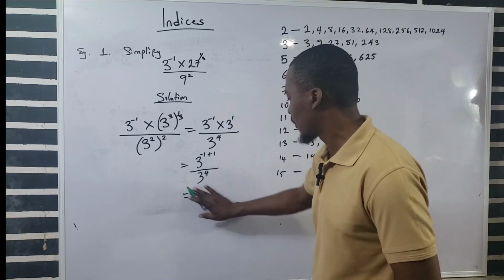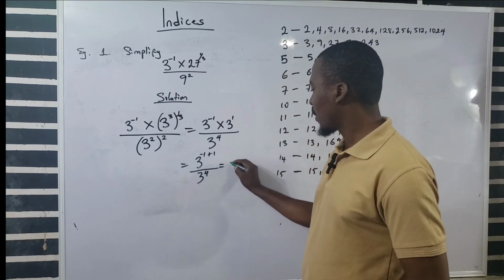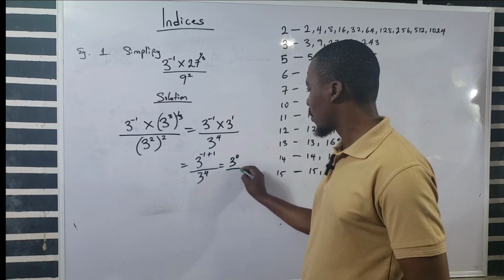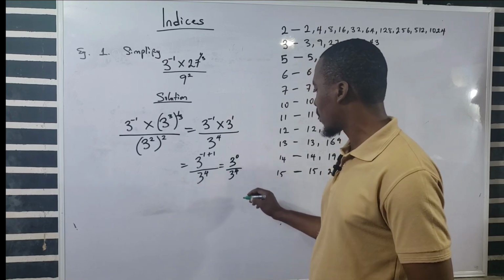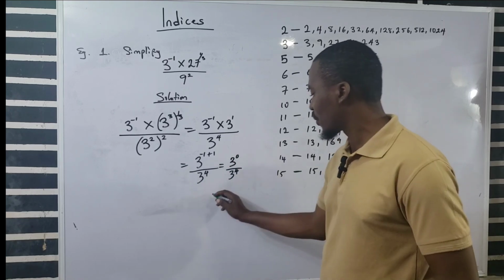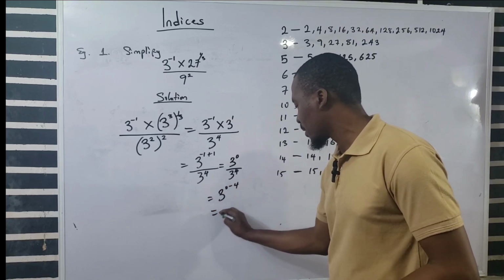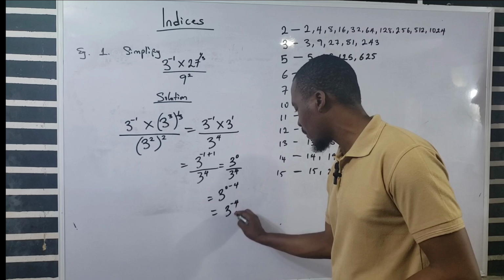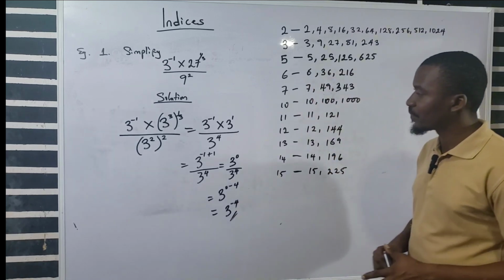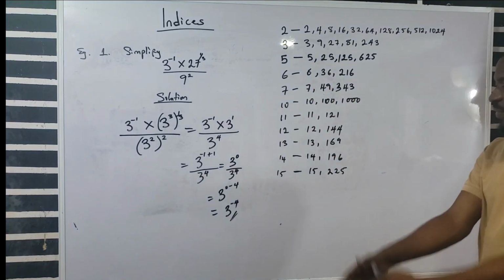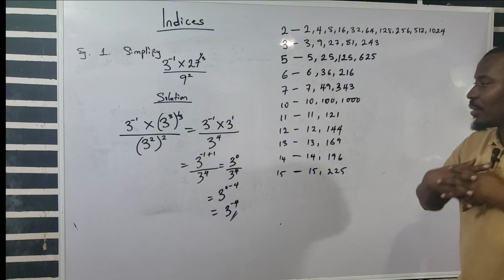So that will give you 3 raised to power 0 over 3 raised to power 4. If you apply division here, you have 3 raised to power 0 minus 4, which is equal to 3 raised to power minus 4. Okay, so that's how to simplify that particular problem.